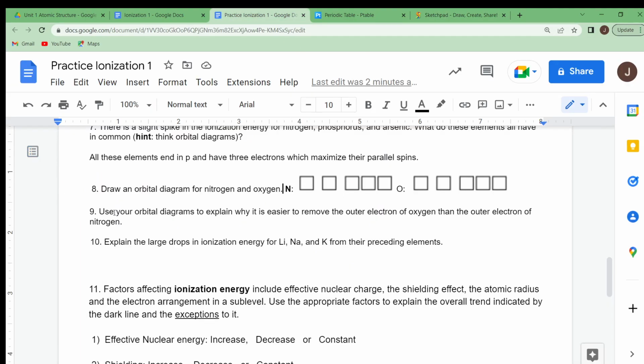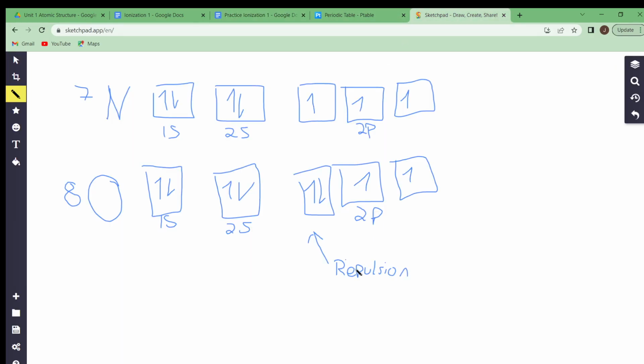Looking back here, it's saying to use this diagram now to explain why it's easier to remove this outer one from oxygen. Okay? And we'd be able to say, just by looking at this, that these ones are all alone, so they have no other electron to try and push them away. Whereas this one here has an extra electron, and it's trying to push that one electron away.